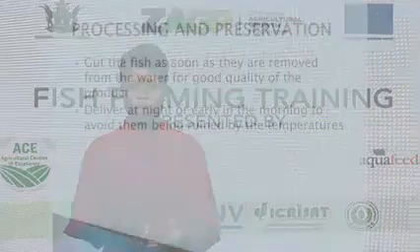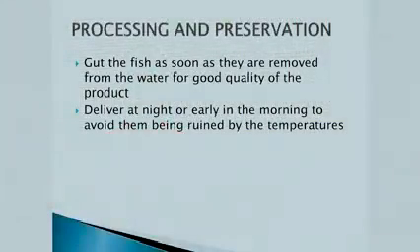Once you scoop your fish from the pond, when they are going to the market, I said you will be harvesting either partially, or totally, removing all the fish. So when you are harvesting totally, that is removing the fish for the market, you have to prepare them to go to the market.